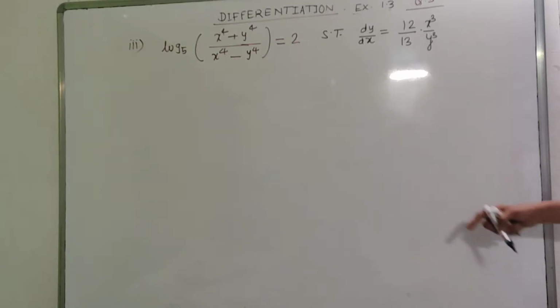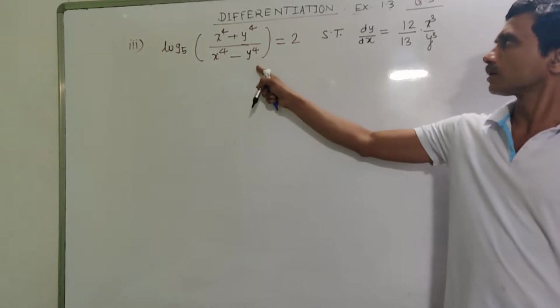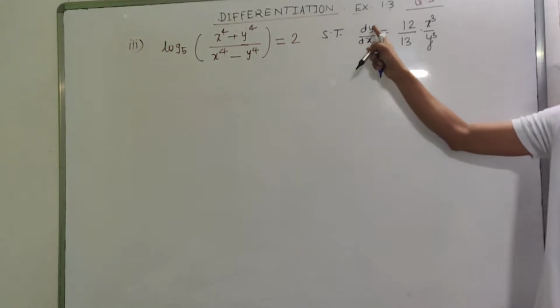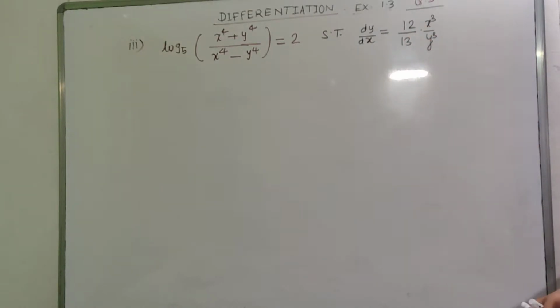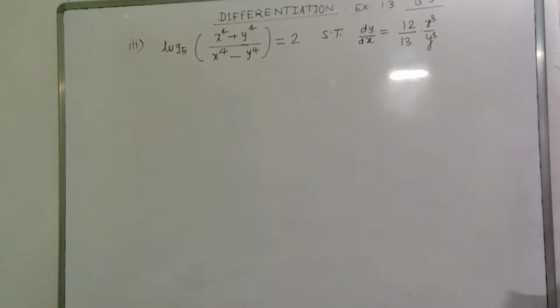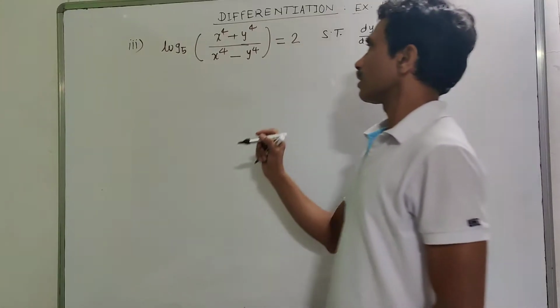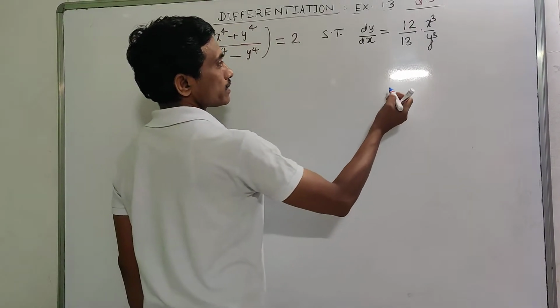Come to the third sub question, log of x to the power 4 y to the power 4 upon this is equal to 2, and show that dy by dx is 12 upon 13 x cube upon y cube. So first of all, a little simplification is there, so we must have the concept of logarithm. That concept of logarithm is like this.